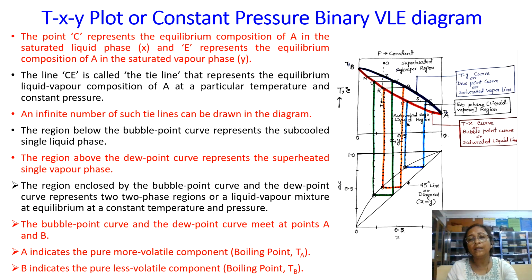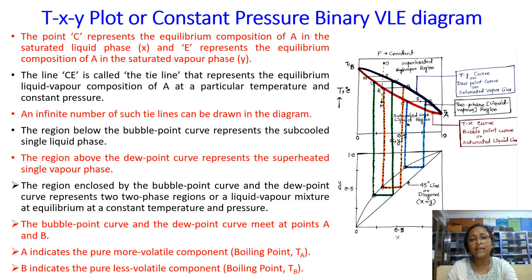Now if we join C and E by a straight line, it will indicate the composition of saturated liquid at a particular temperature and the corresponding saturated vapor composition, which is represented by E. And this line CE is known as a tie line because it represents the equilibrium liquid and vapor composition of A at a particular temperature and constant pressure.